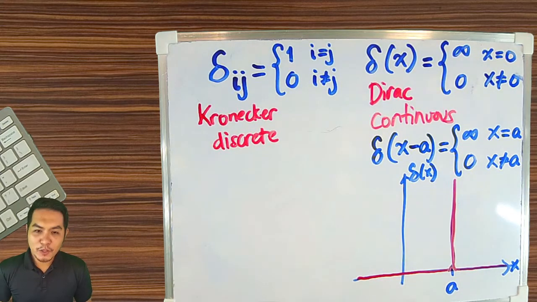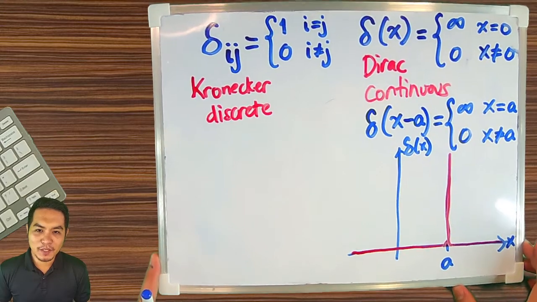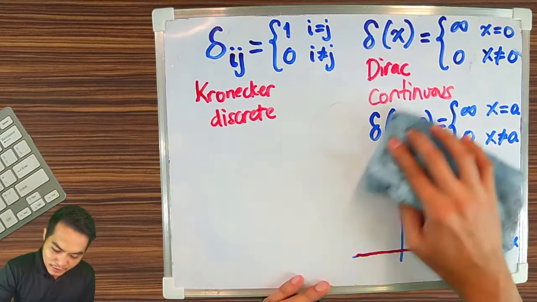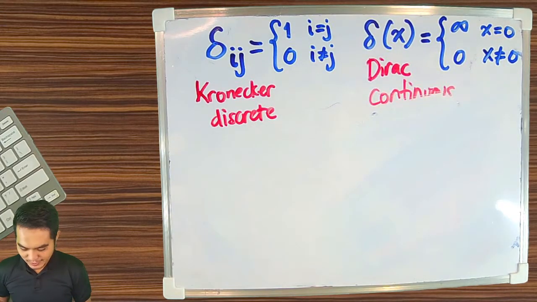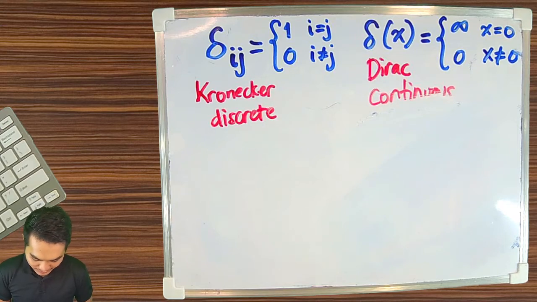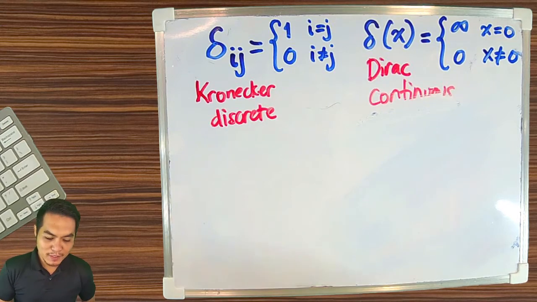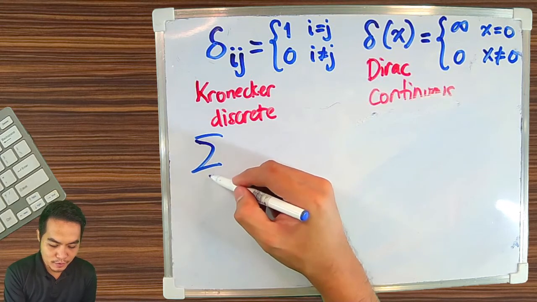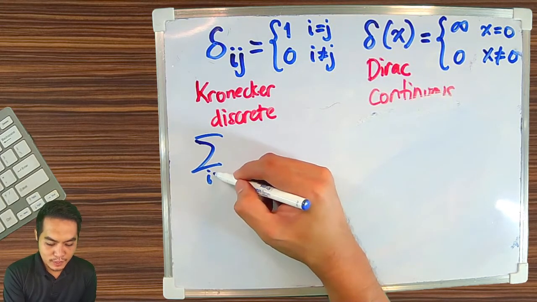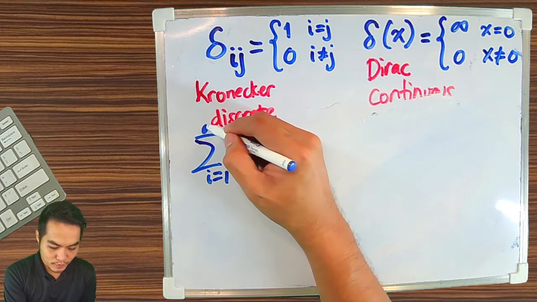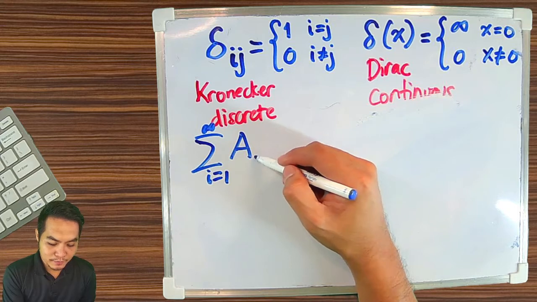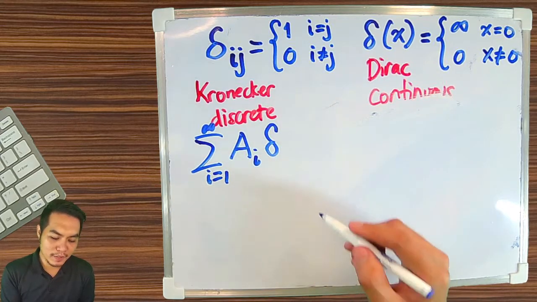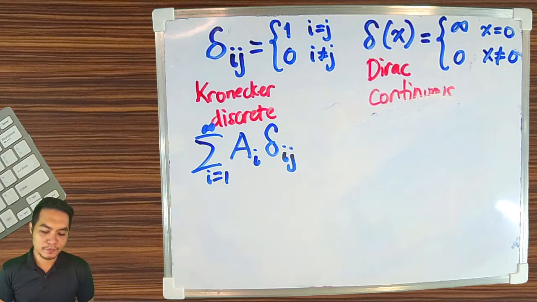So, where do you usually find the Kronecker delta and the Dirac delta? Usually when you have summations, the analog of integration. So the analog of integration is a summation. For instance, the summation of i from 1 to infinity of a_i times the delta function delta ij.